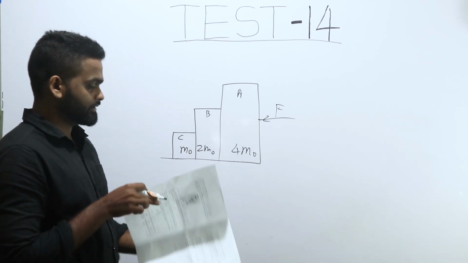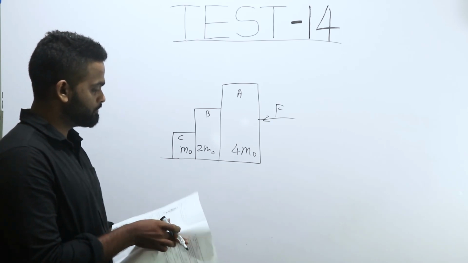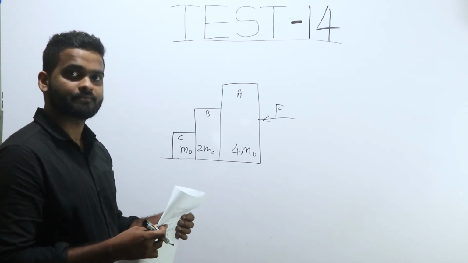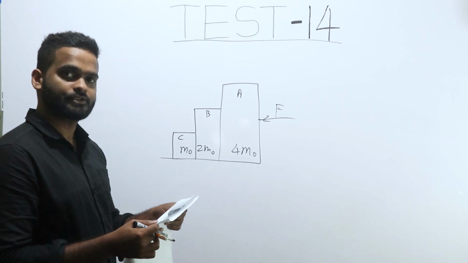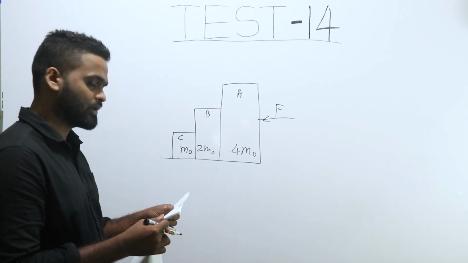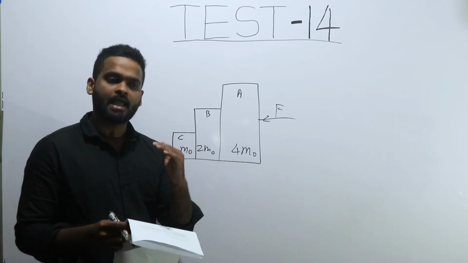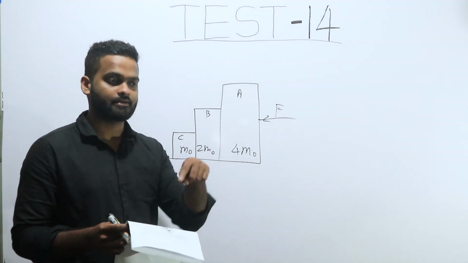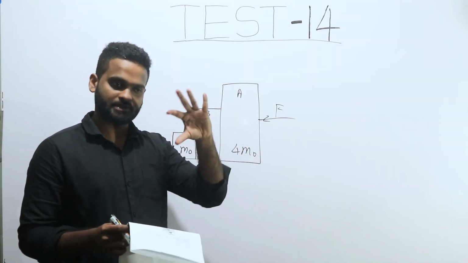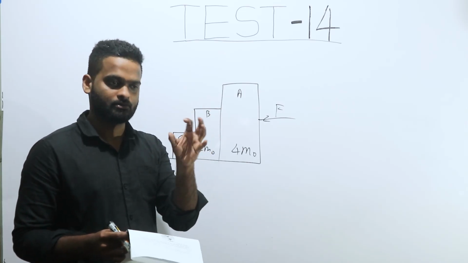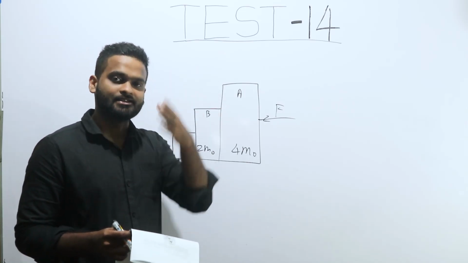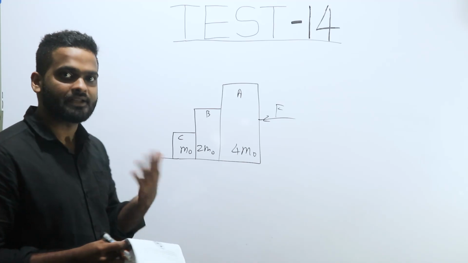So what they ask is the force by A on B. To answer this question, you should have a clear understanding of action-reaction forces and how to separate a system, how to correctly isolate a system when you apply F equals ma.